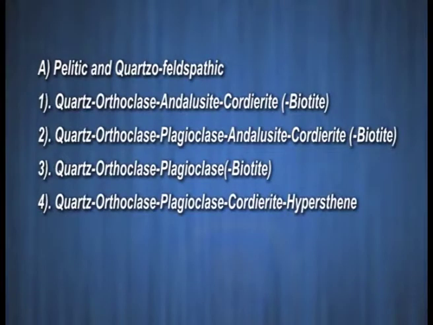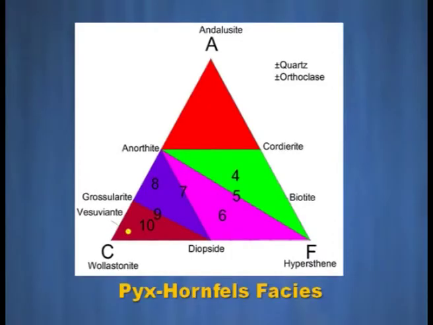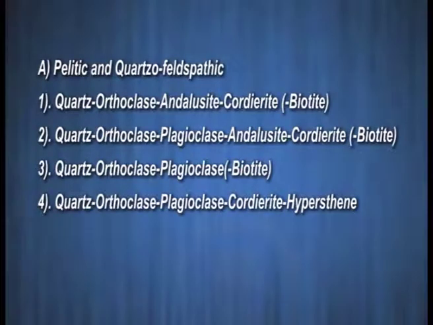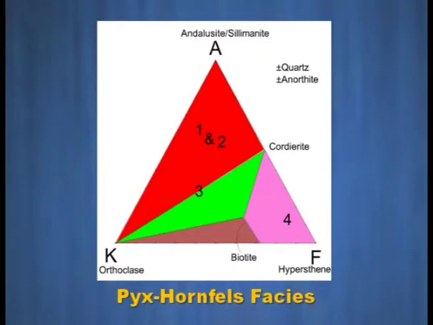Now we can observe the pelitic and quartzo-feldspathic assemblages. First is quartz, orthoclase, andalusite, cordierite, biotite. Second is quartz, orthoclase, plagioclase, andalusite, cordierite, plus or minus biotite. Third is your quartz, orthoclase, plagioclase, biotite.